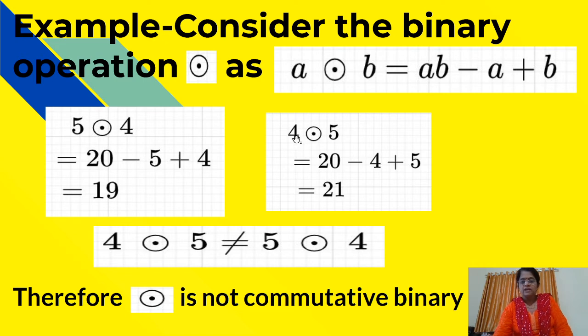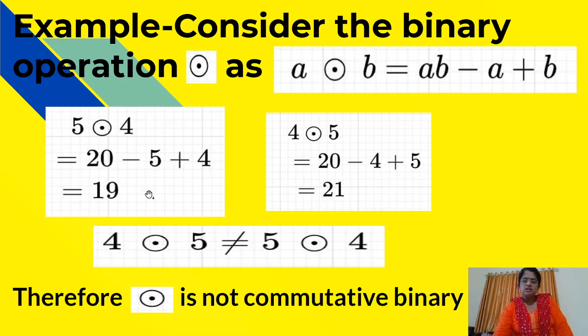Now we will find the value of 4 circle 5 using this definition. A circle B is equal to AB minus A plus B, and therefore 4 circle 5 is equal to 4 into 5, that is 20, minus A means minus 4, plus B means plus 5, and therefore this value is coming 21.